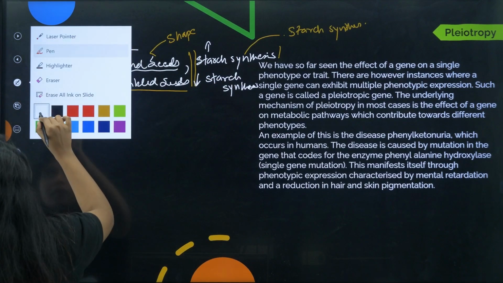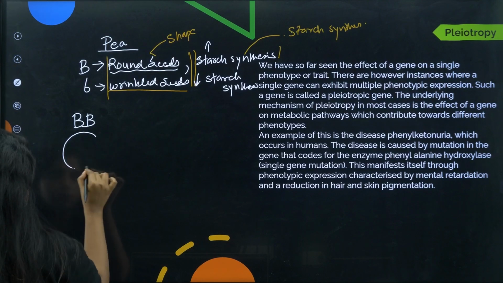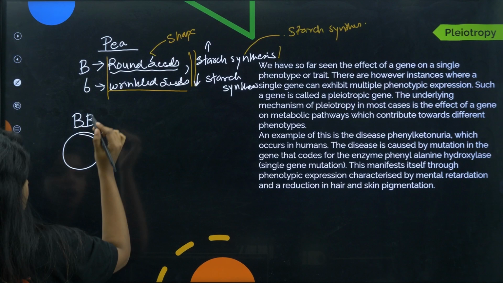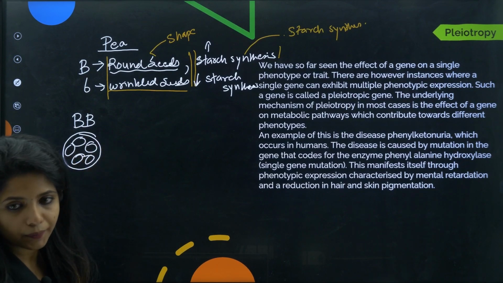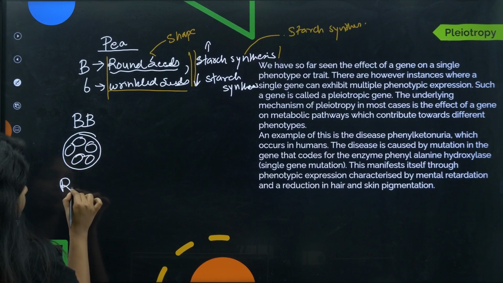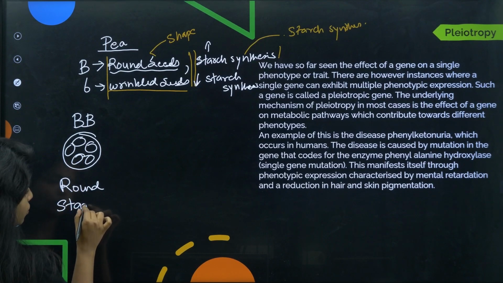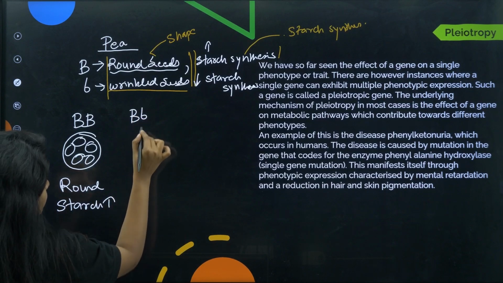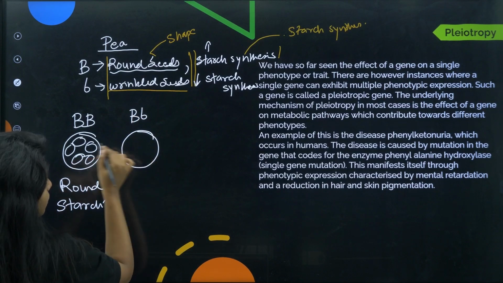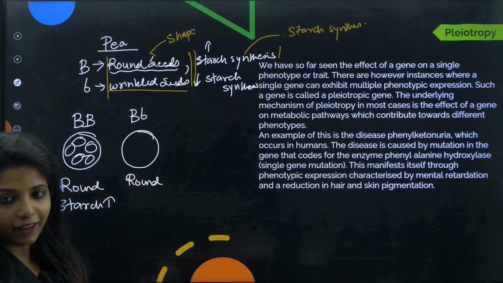Now, if someone has capital B, then obviously the seed will be round, and also it will be large, with so many starch granules. So it is round, and it has a large amount of starch as well. On the other hand, if it's capital B, small b, again it will be round, since round is a dominant character.